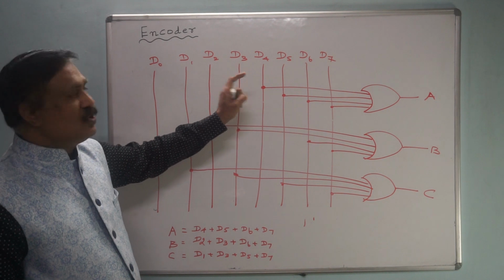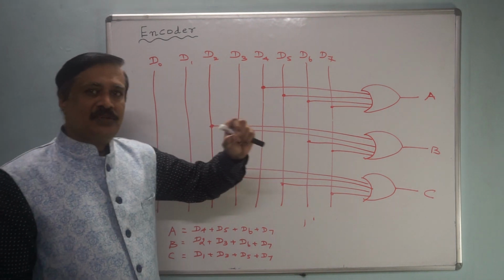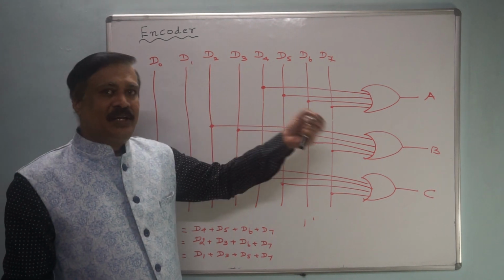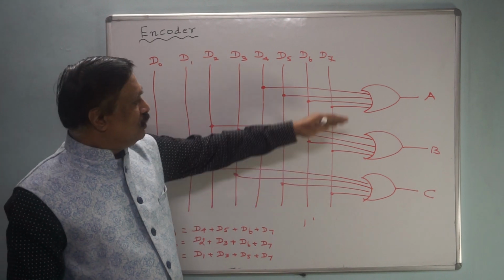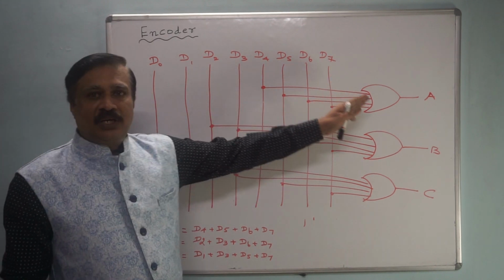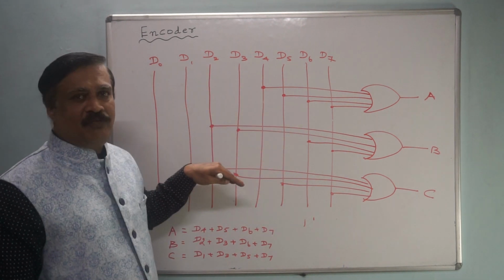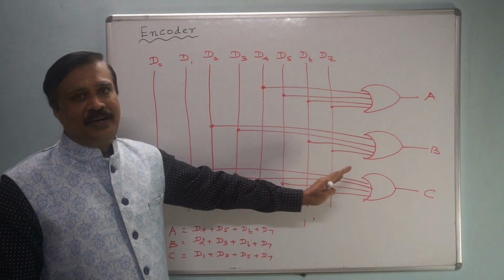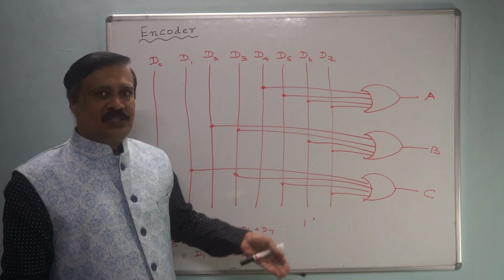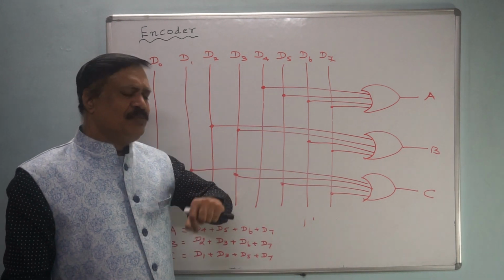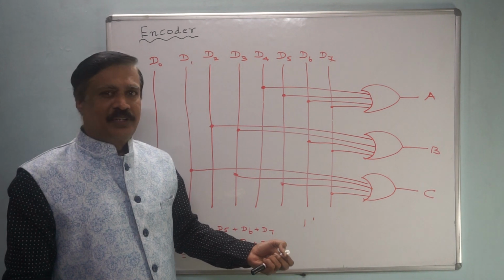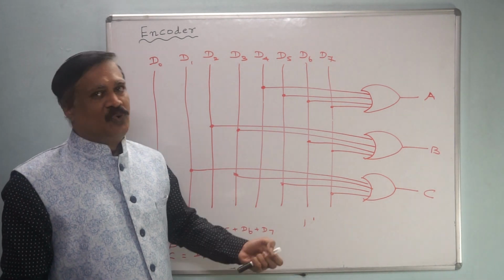That means all the outputs are 0. Therefore, automatically it will be 0. These are all the inputs, these are all the outputs. This is the simple diagram for the octal to binary encoder. In the next class, let us see the decimal to binary encoder. After that, let us see the priority encoder. Thank you.